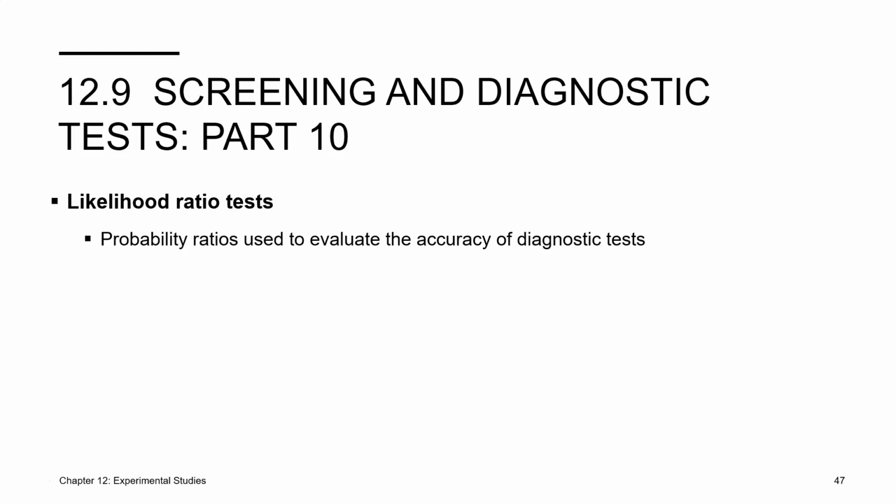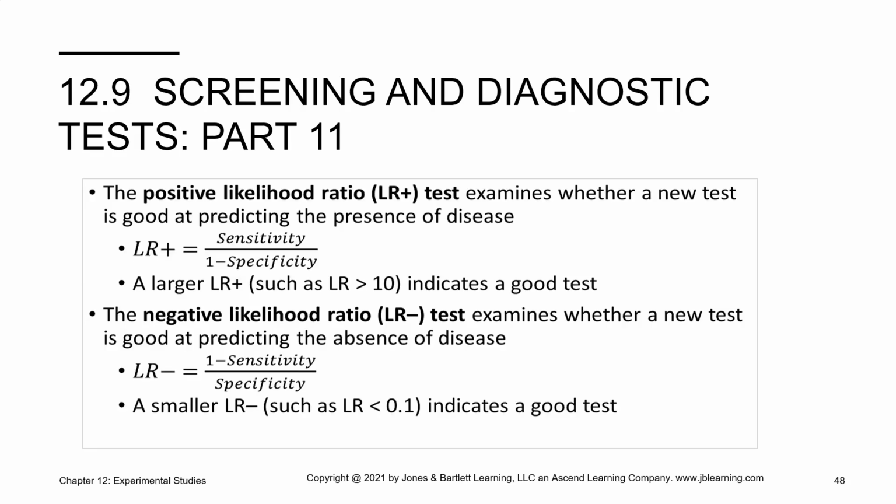Another thing that's used for testing diagnostic accuracy are likelihood ratio tests. And these are used in clinical settings and training for physicians. These are the probability ratios used to evaluate the accuracy in a clinical setting. And so Jacobsen has these calculations here for us.